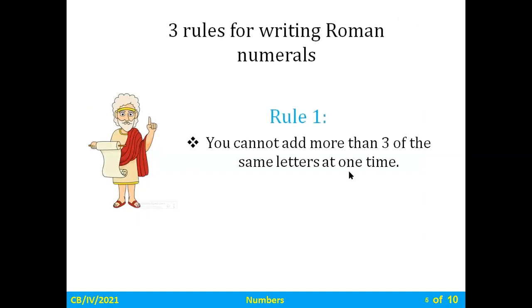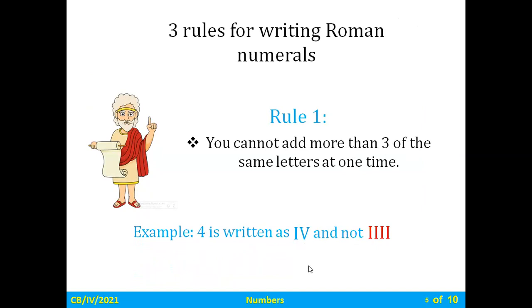The first rule says that we cannot add more than 3 of the same letters at one time. Let's learn it with an example. Now as you can see, 4 is written as IV, and we cannot write it as 4 times I. But when we write 1, 2, 3, we can use 1 stick for 1, 2 I's for 2, and 3 I's for 3.